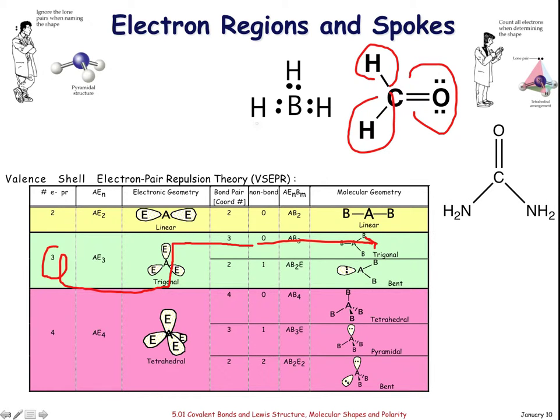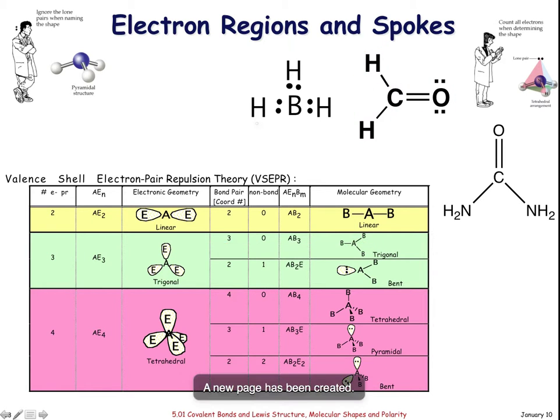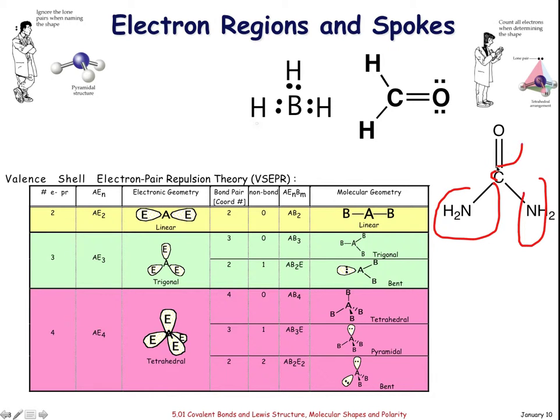This right here is urea. If we look at the central atom right here, we can see there are 1, 2, 3 regions of electron density. There are actually two lone pairs on that oxygen, but that's not important for the molecular geometry. We're here in terms of the electronic geometry. We're here in terms of the molecular geometry.